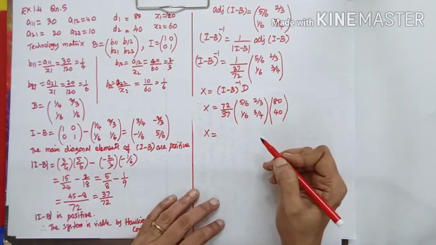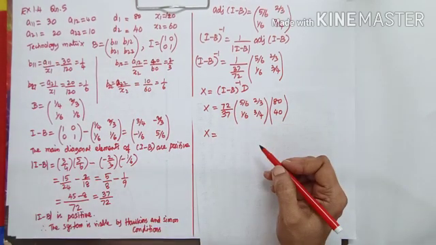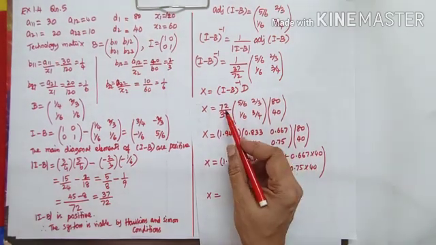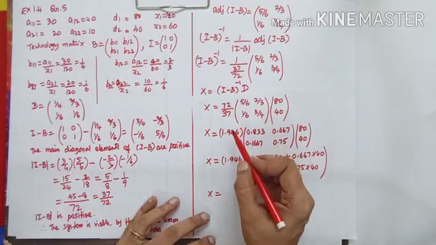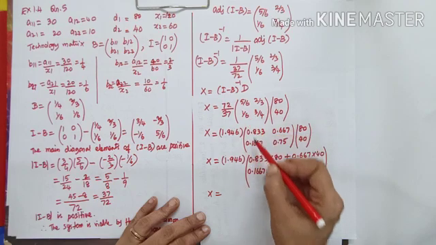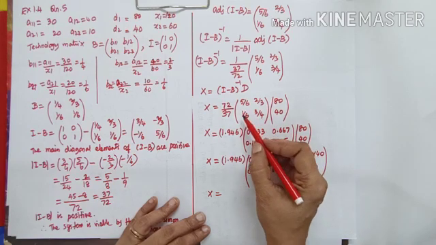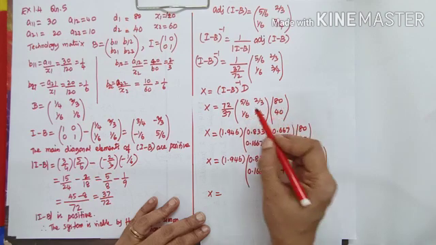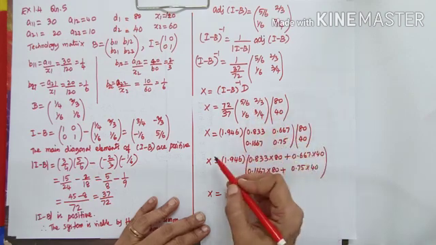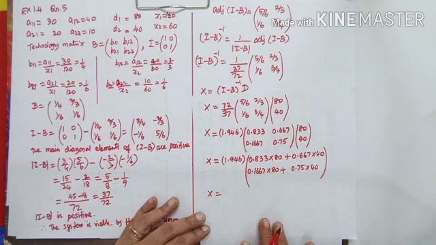You can also use the calculator and turn it into decimals. 72 by 37, you can use your calculator and simplify. Those who are comfortable with fractions, multiply using fractions. If not, use your calculator, divide and get decimals like this.